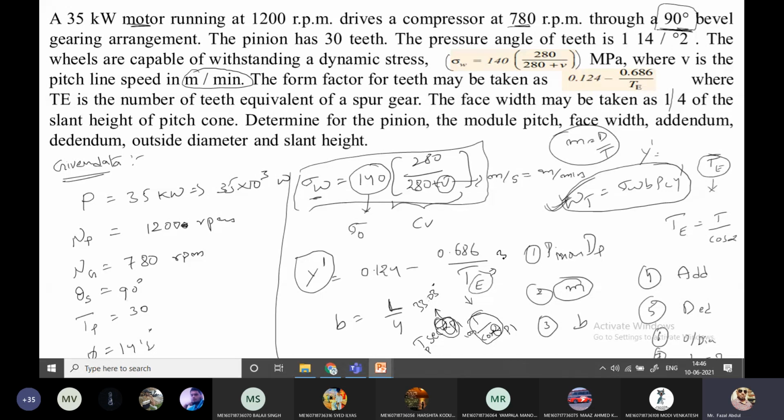T value is given in the question, 30 into secant 33.03. It is difficult to substitute the secant value, so you better take this equation, 30 by cos 33.03 degrees. So easily you can get the TE value. After getting the TE value, you calculate the y dash.